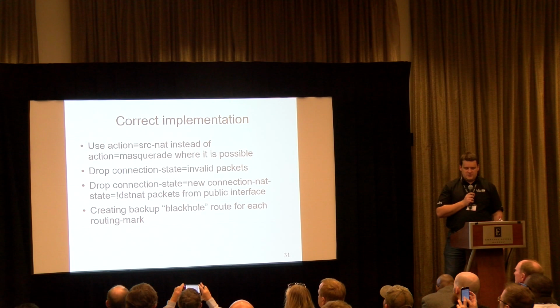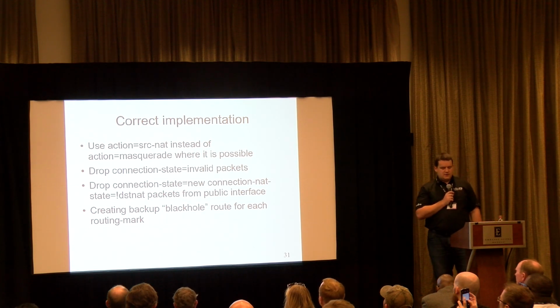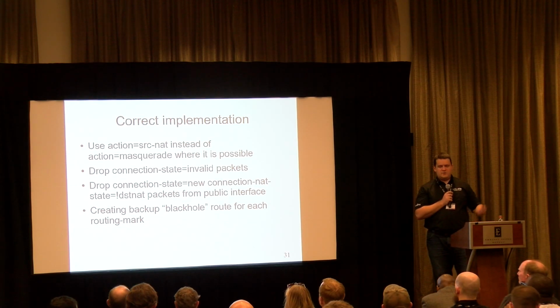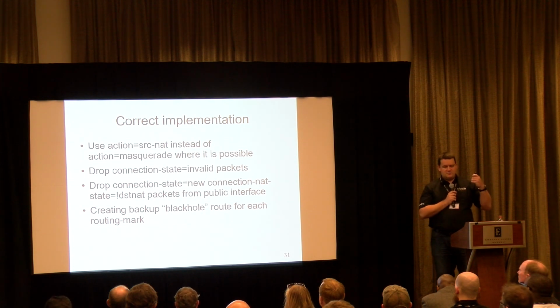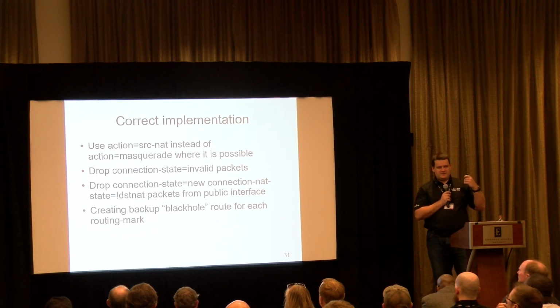Also, drop all the connection-state new packets with connection NAT state "not destination NATed" that are coming from the public interface. Basically, if the returning packet is not destination NATed, that means the sending packets were not properly source NATed.